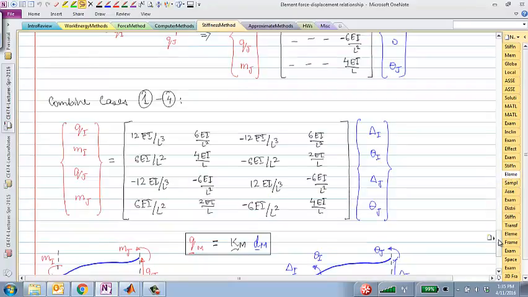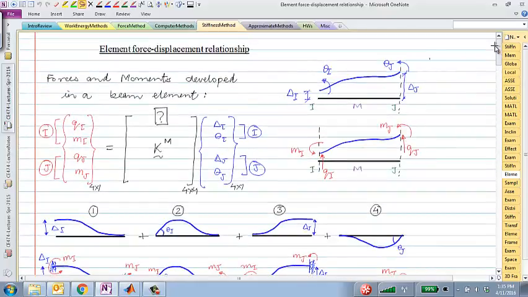So last time we were in the middle of trying to derive the force displacement relationship for a beam element. I told you last time that if you have a beam structure, the first thing we do is we divide it up into a set of elements, which obviously have 2 nodes at their ends. And then we try to figure out how is that beam element going to behave under some applied loading.